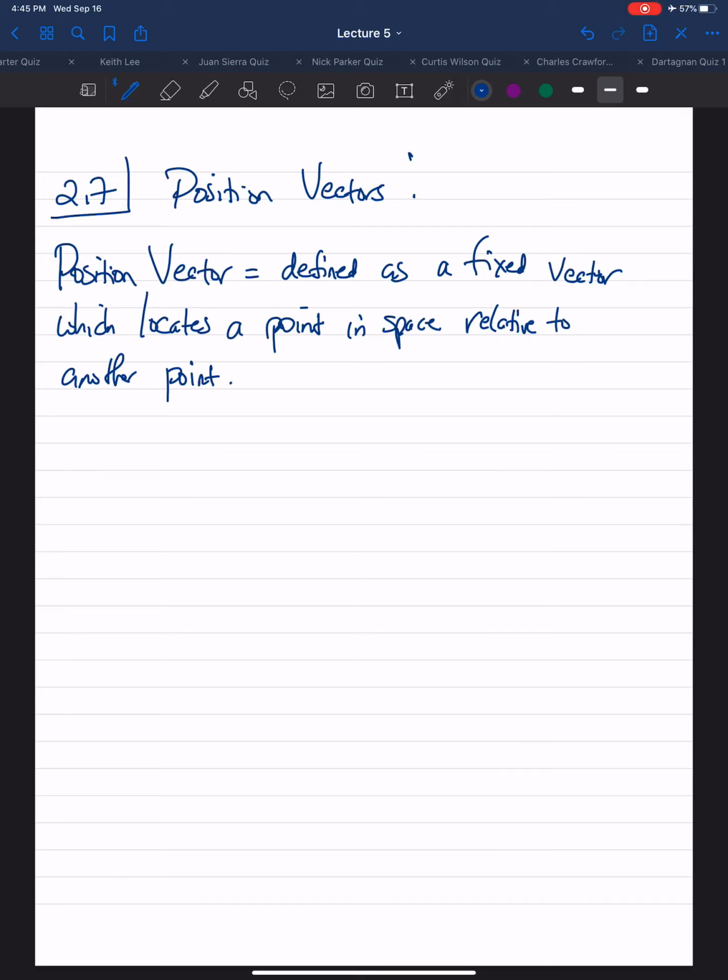So for example, if we know the origin of an axis, we'll just say O, that has a coordinate in three-dimensional space of 0, 0, 0.